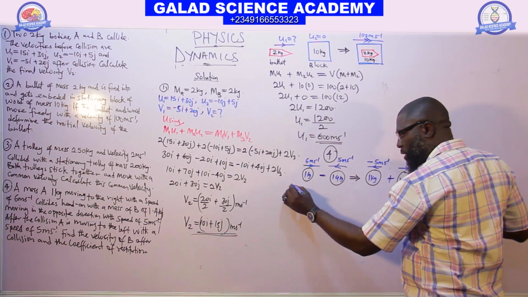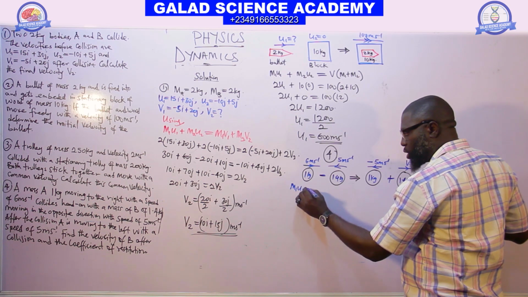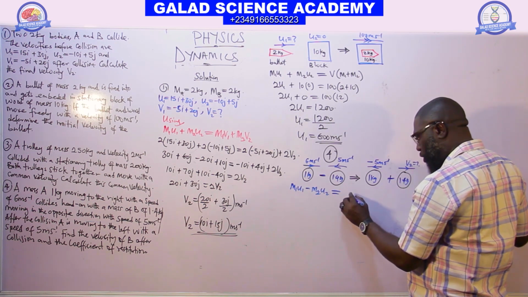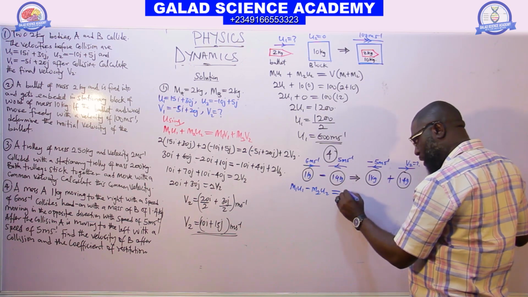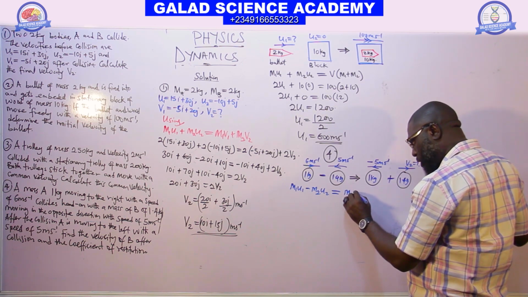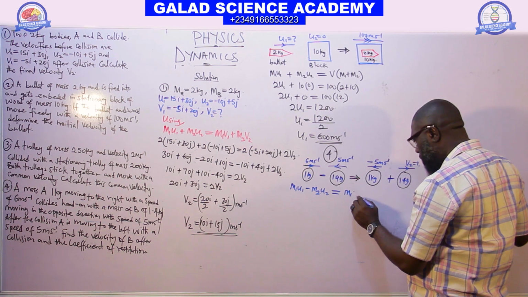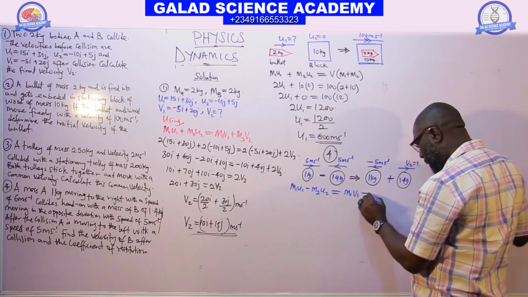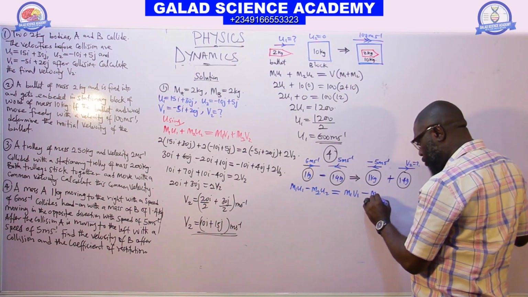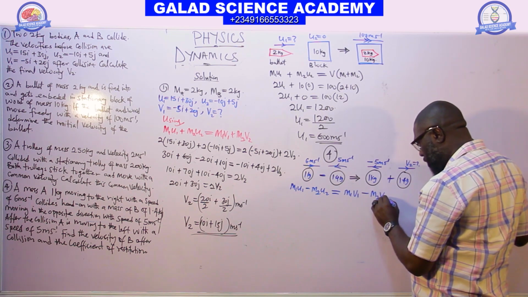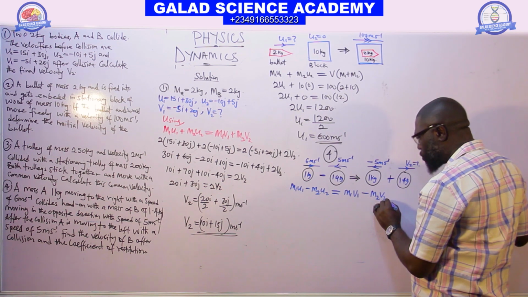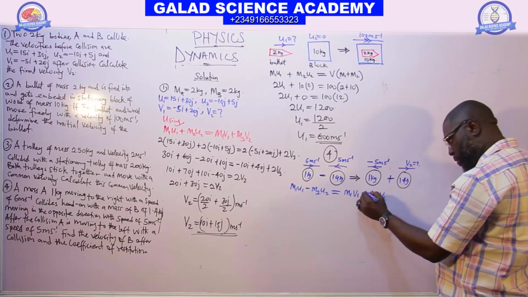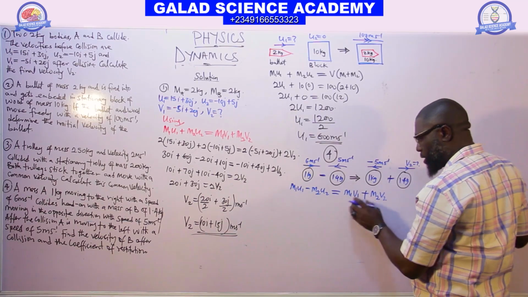Apply your formula. You will use M1 U1 minus M2 U2 is equal to M1 V1 minus M2 V2, or plus, don't worry, plus.